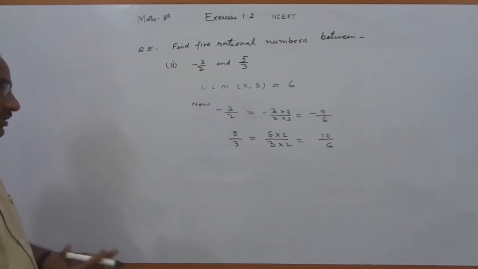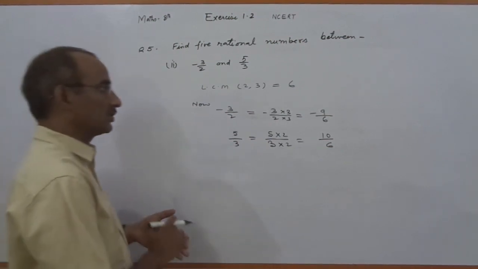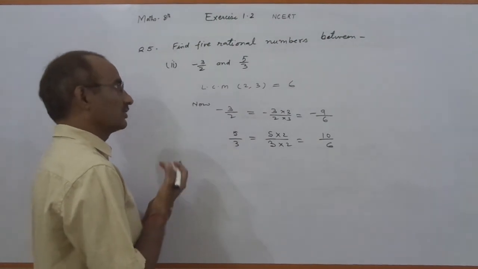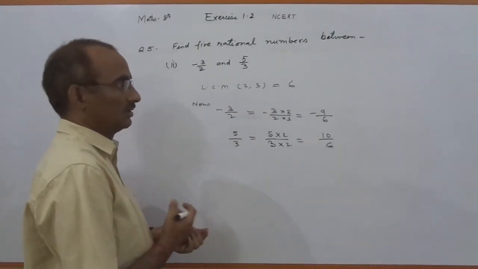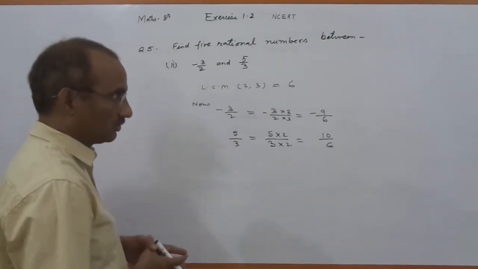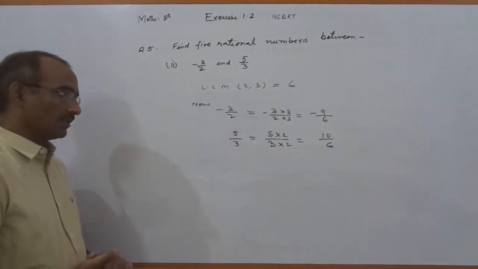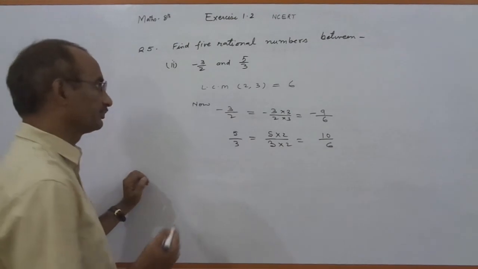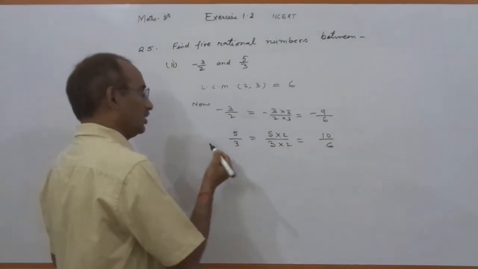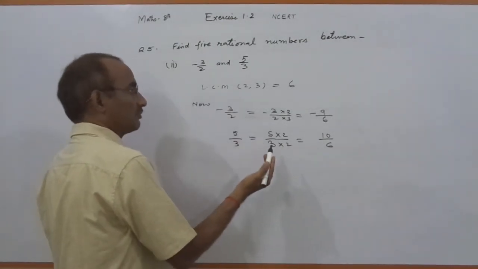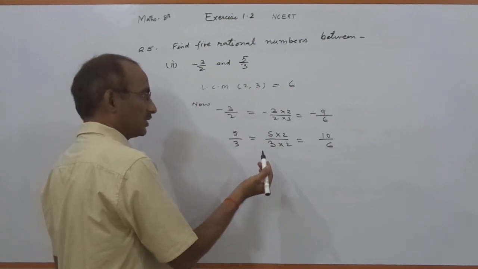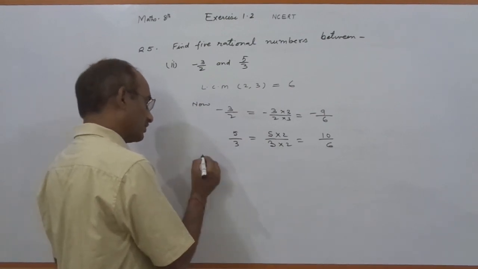There are many possible rational numbers between minus 9 upon 6 and 10 upon 6. So there is no need to further multiply. You can take any 5 rational numbers between minus 9 upon 6 and 10 upon 6.